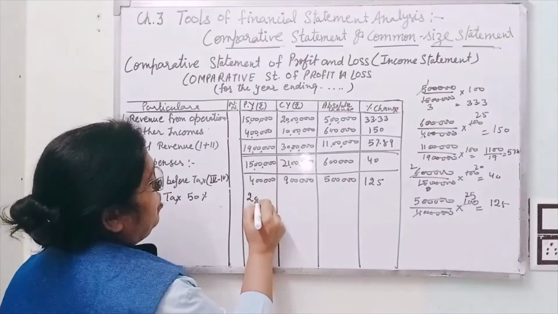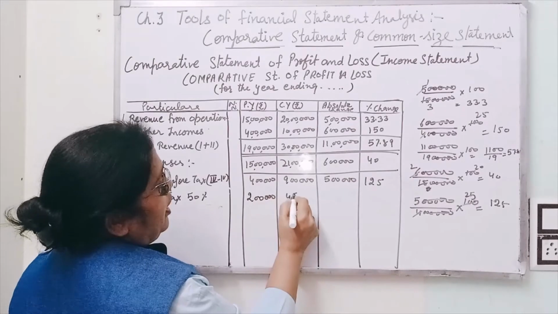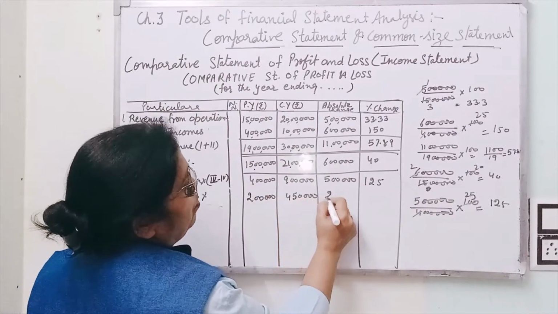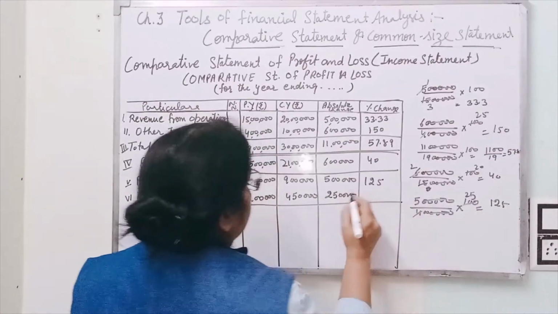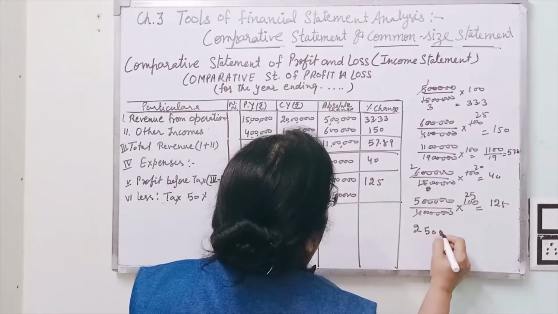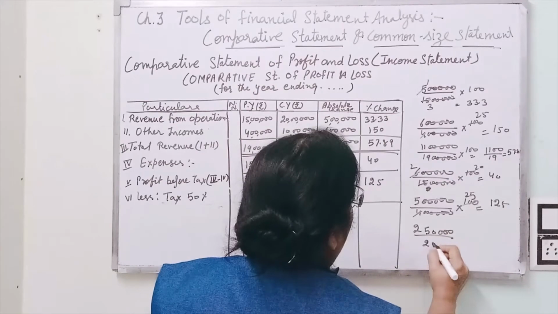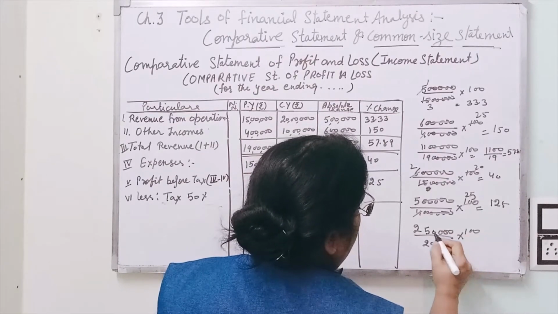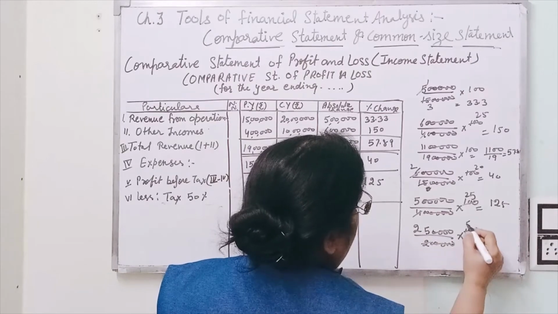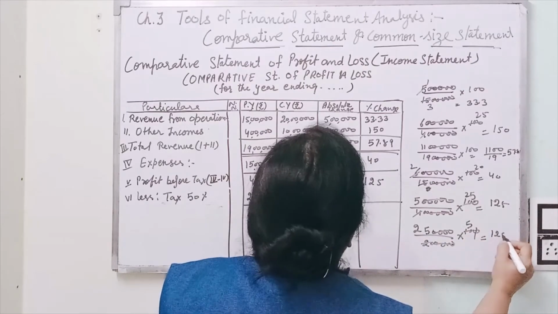So how much is this? 2 lakh, 4,50,000, 2,50,000, and percentage change is 2,50,000 upon 2 lakh multiply by 100. Again 125.